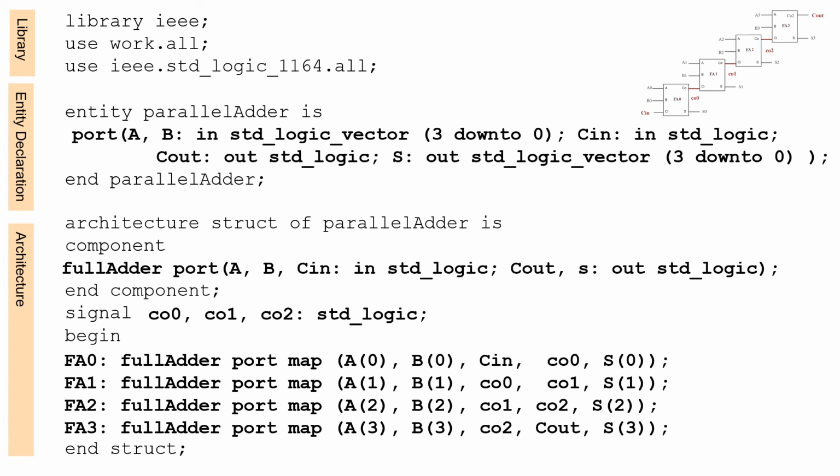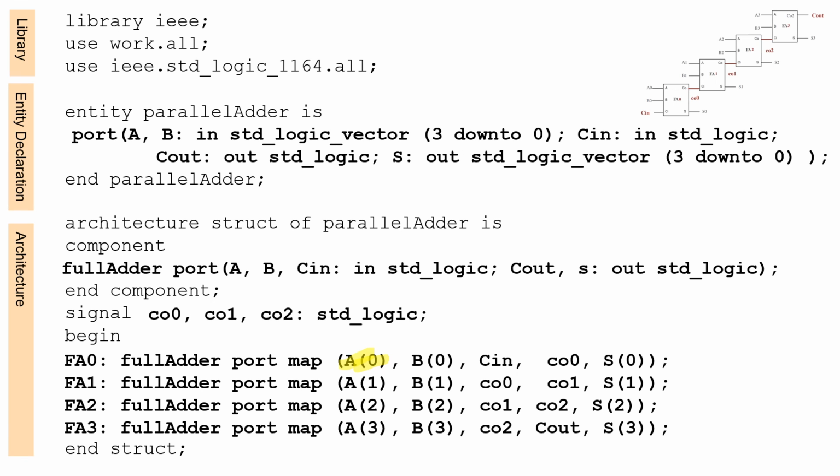FA0 takes A0 and B0 as inputs, along with Cn, the first carry in, and it outputs in this particular order Cout0 and finally S0. And this is how to extract specific bits from a vector. We call it by its number and we put it in between brackets.